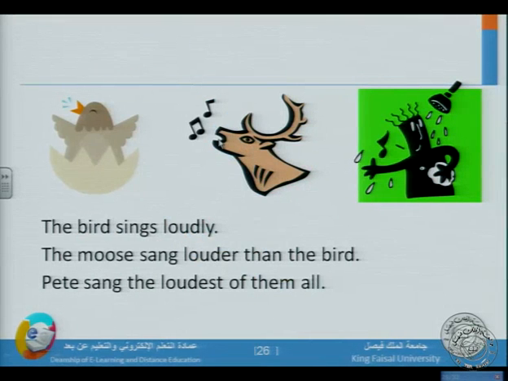The bird sings loudly. فاعل وفعل وadverb. هذا simple adverb. وبالعادة الظروف في الإنجليزية تنتهي بالعادة، ليست دائما لكن بالعادة في ly. The moose sang louder than the bird. Louder than. تصف sang. Pete sang the loudest of them of all. The loudest of. Okay?